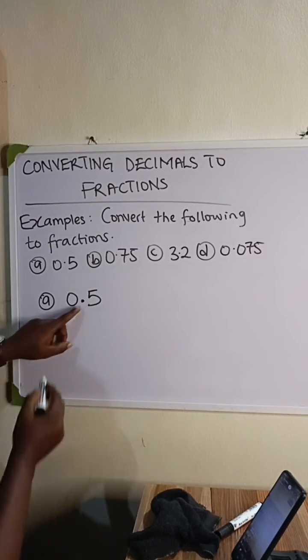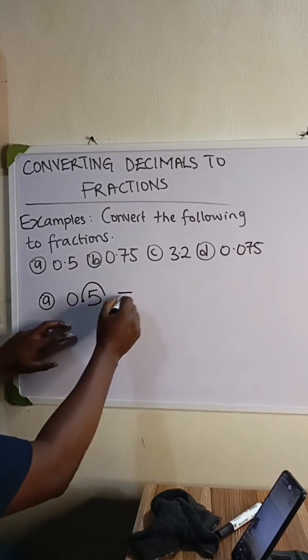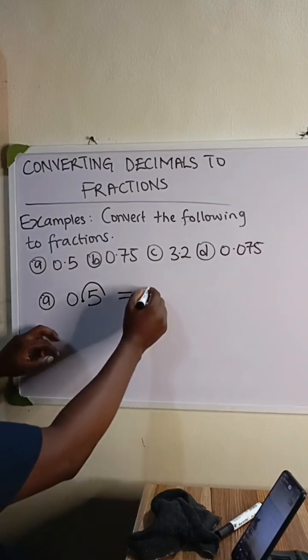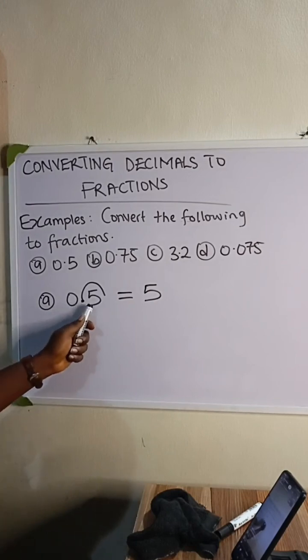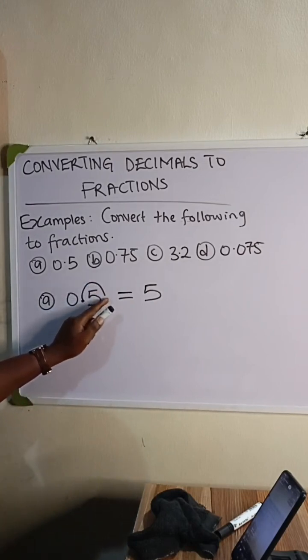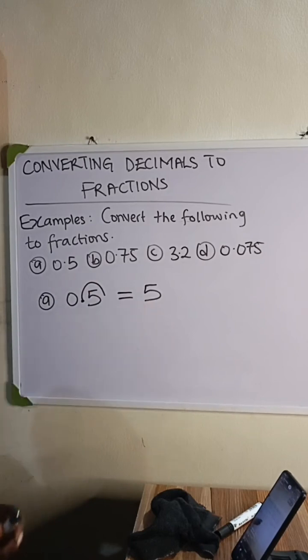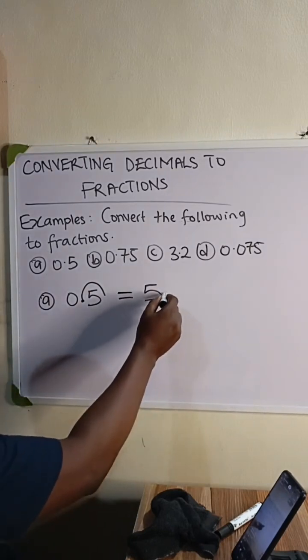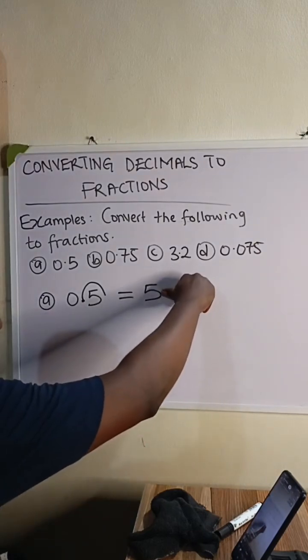So if you move from here, now this number is now a whole number 5. 0.5, because the decimal point has moved to this side, we now have a whole number 5. Remember, every whole number has a decimal point at its end. But since the decimal point is at the end, there's no need to write it down.